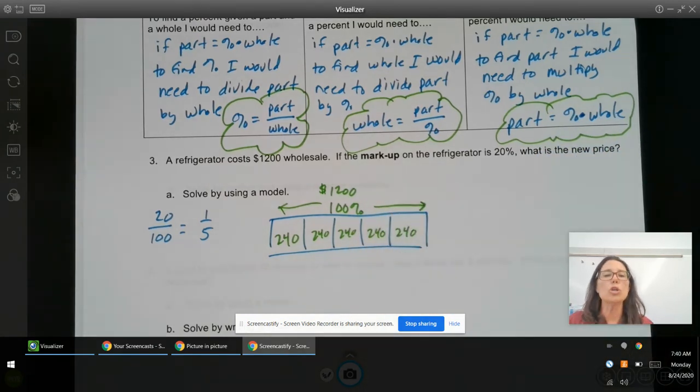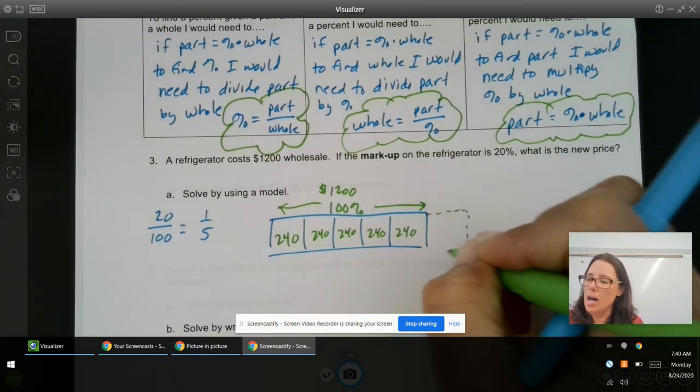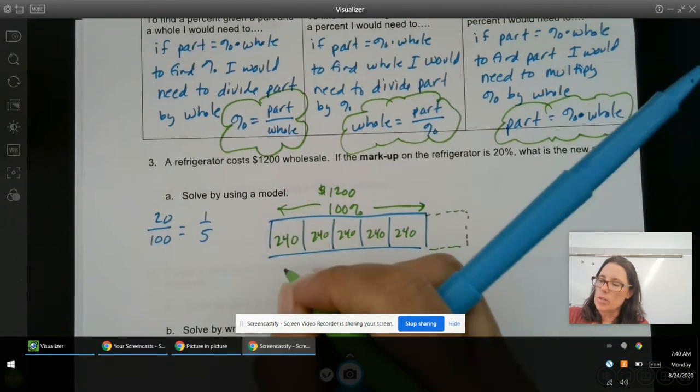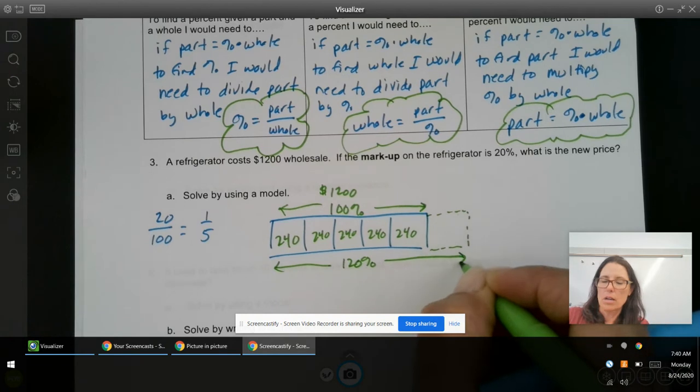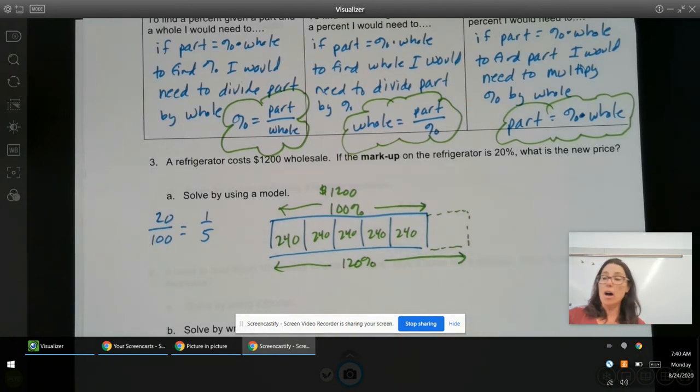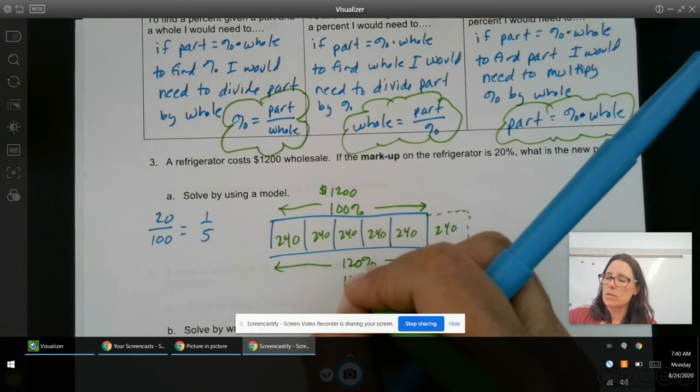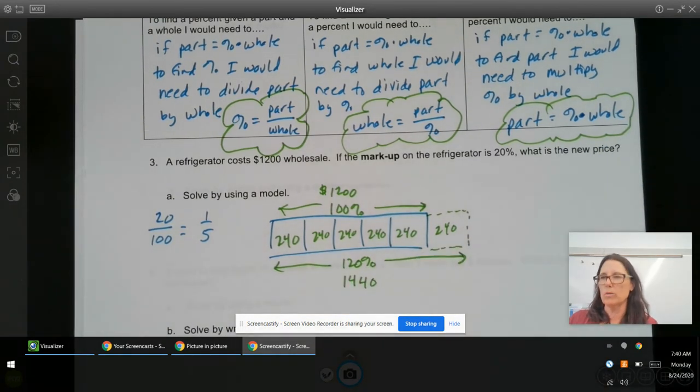Now here's the new thing with markup. We want to take one of these boxes, which is 20%, and add it on to this price. So we want 120%. If we add on another $240, the price of this fridge on the shelf, which probably should be Best Buy or something, is $1,440.